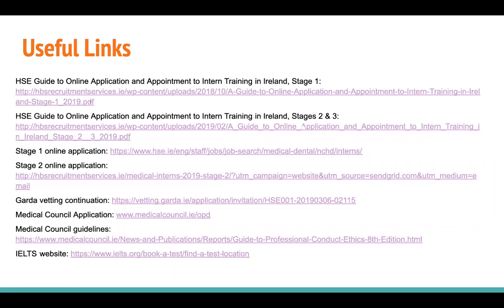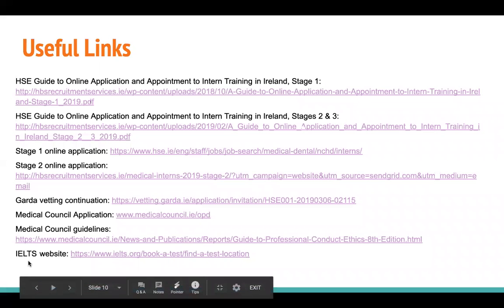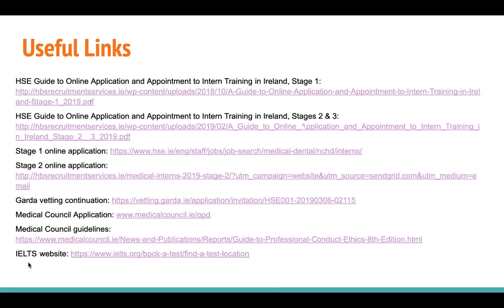It's the 8th edition of the Professional Conduct and Ethics. Now, this will go through professional conduct, laws, ethics, healthcare system, and there's a previous slide as well. You don't have to go to it now, but when you are going back through the PowerPoint, you can find it. I mentioned that link to the book directly. It's easy enough to find the manual, and that's basically the main thing you need to know.